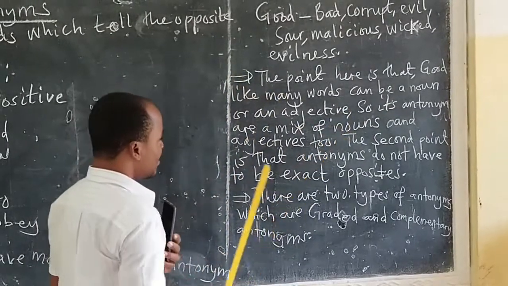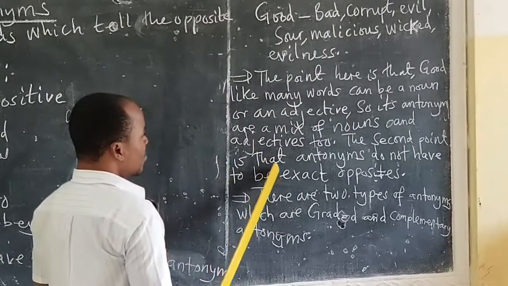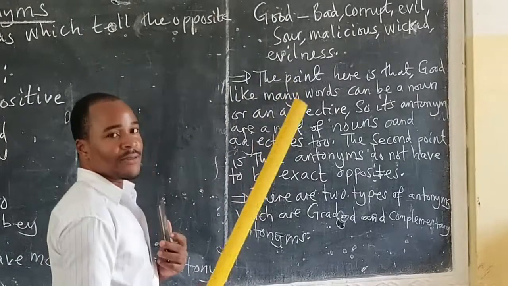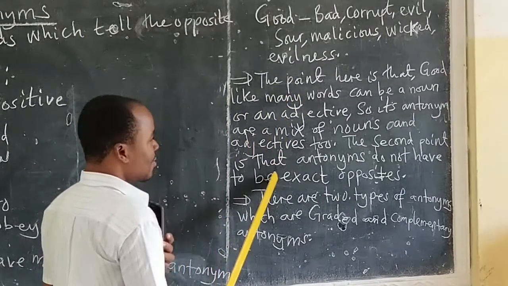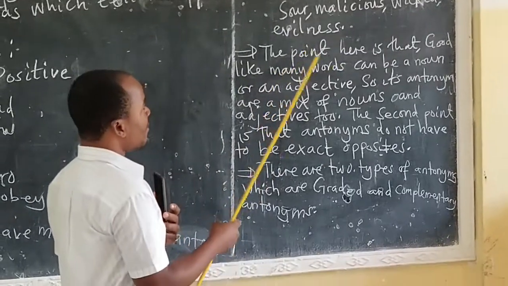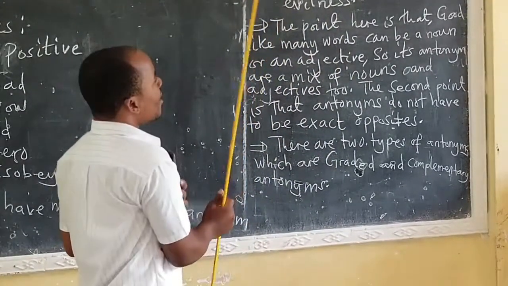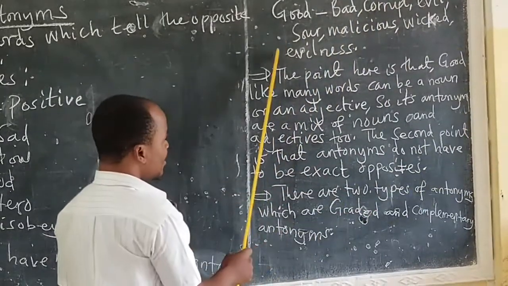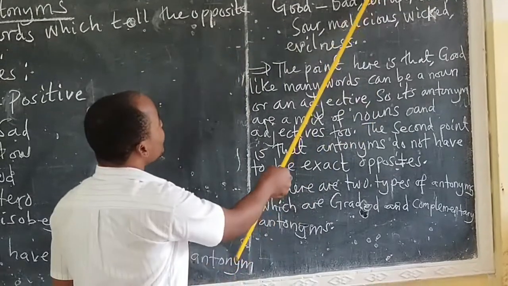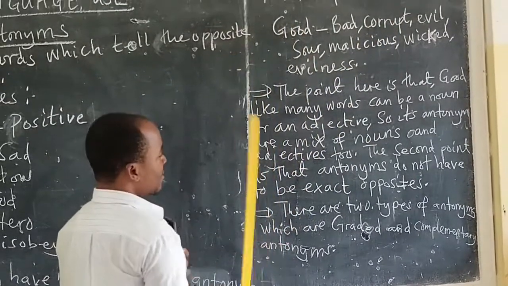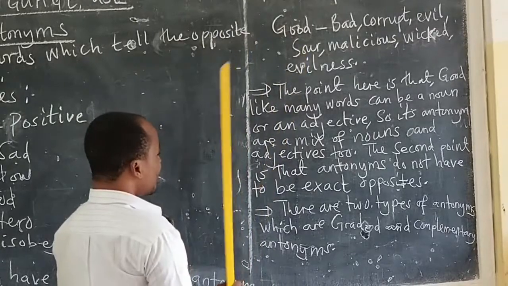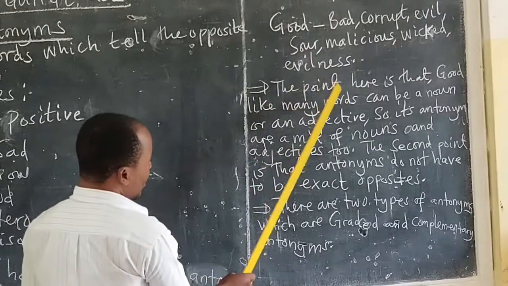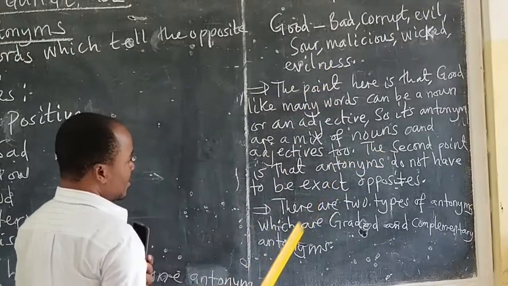The second point is an antonym should not have exact opposites. So here we have said that the word good is having many opposites, but here the opposites are not supposed to be the direct one or the exact one. That is for this point here. We have this first point and the second point.